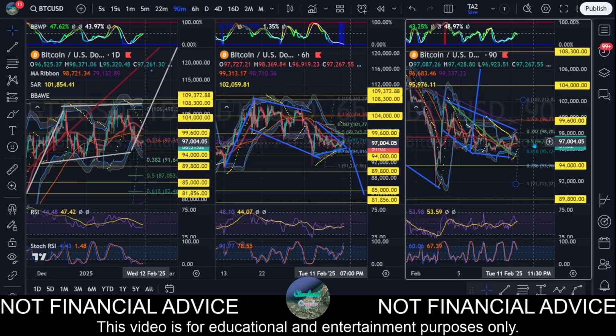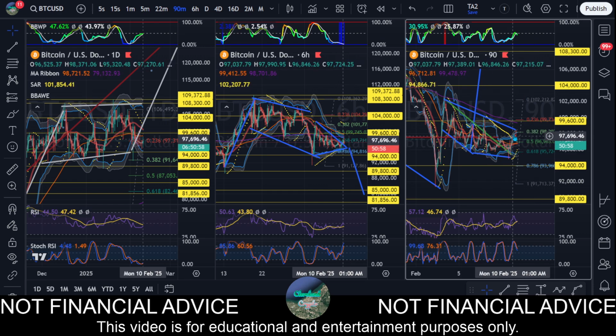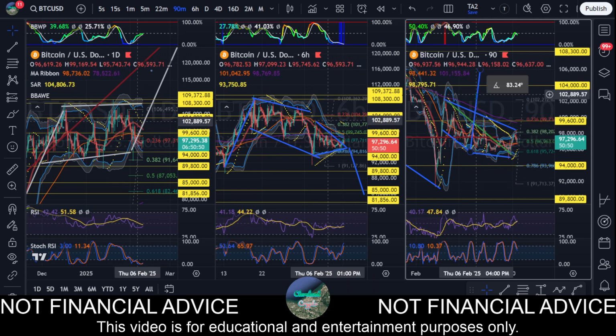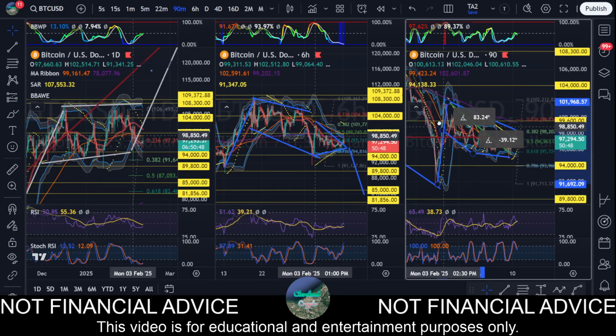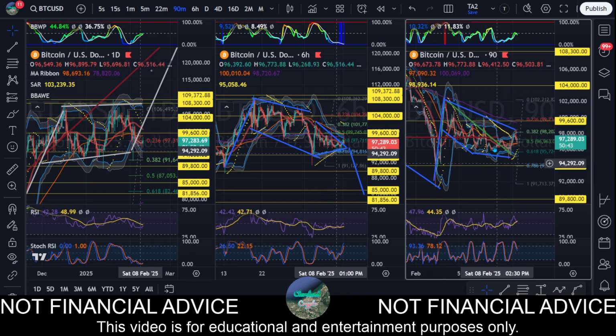But anyway, we'll notice that when price action did come up, it did get stopped by this downward trending resistance that is the top of this bull flag. Let me move the pole back to the pole's position so that it looks like a flag still. There we are.